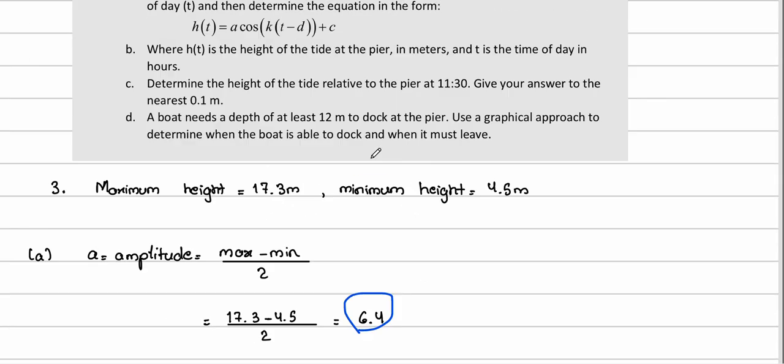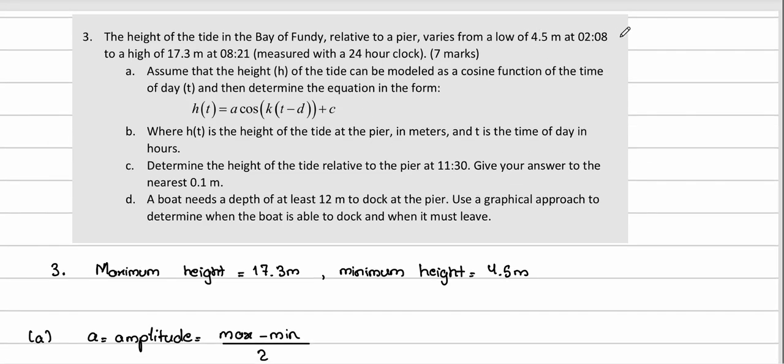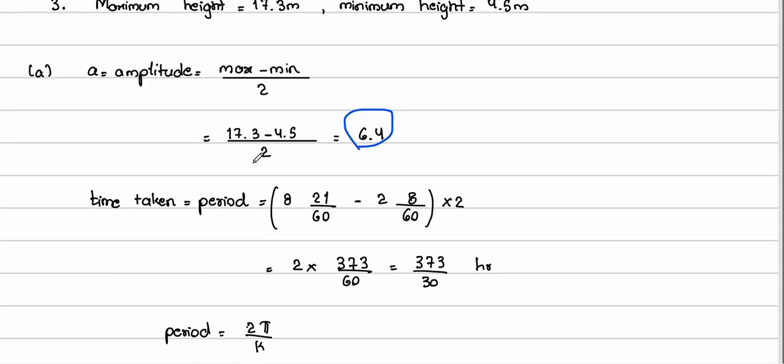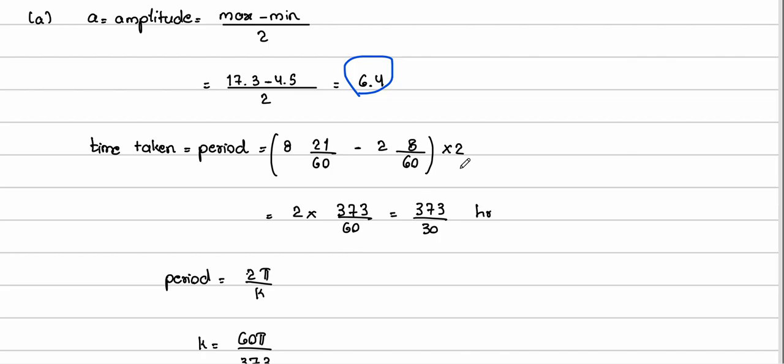So we're going to turn these hours into minutes, into the whole hour. So it's going to be 21 over 60 minus 8 over 60, times 2.